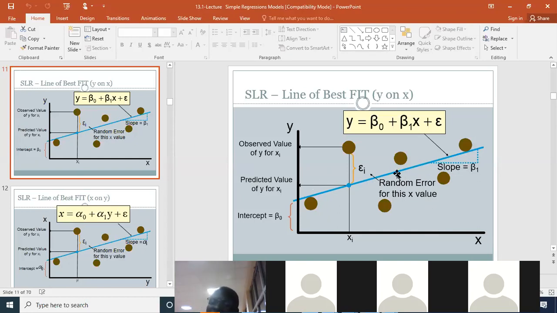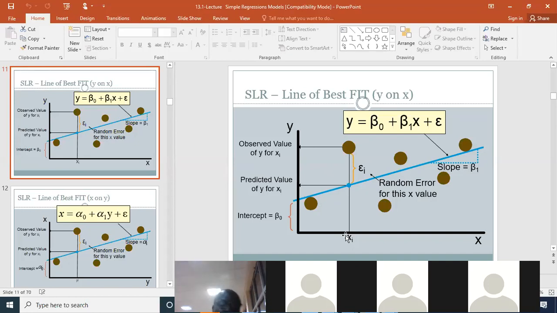The points on the line are predicted values of y given x. If it was the x model, it will be x given y. However, these actual points are the actual data values, and they are called observed values of y given x.